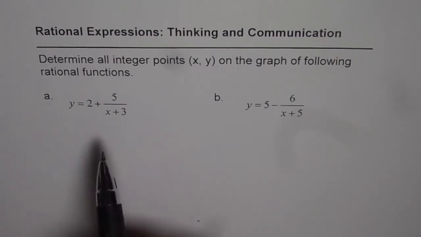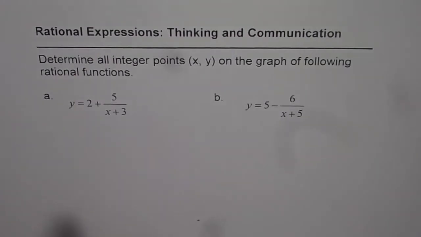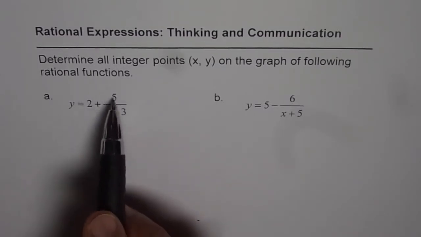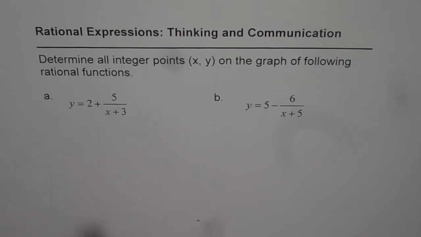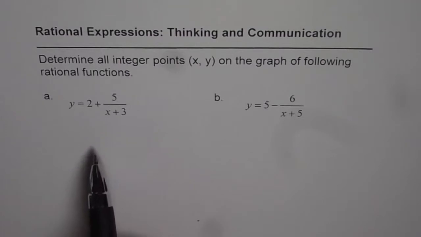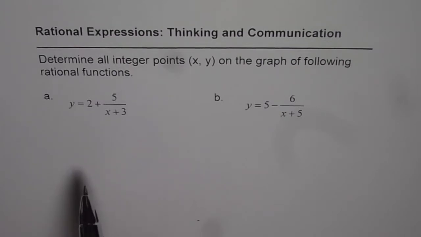Now what we need to find is the points x and y where x and y have integer values. That means not fractions, correct? Now the expression is 2 plus 5 divided by x plus 3. If you want this to be an integer, then 5 divided by something should be an integer, correct?